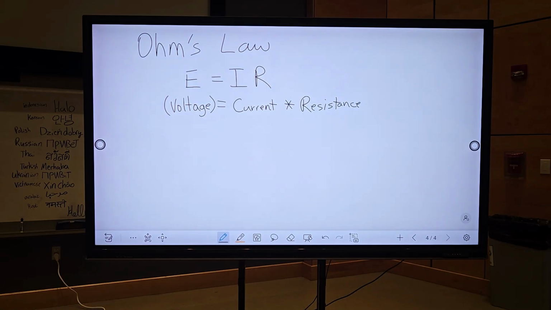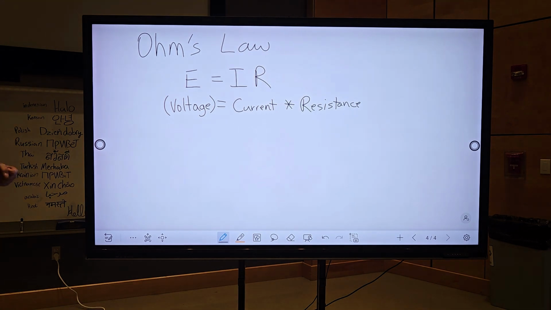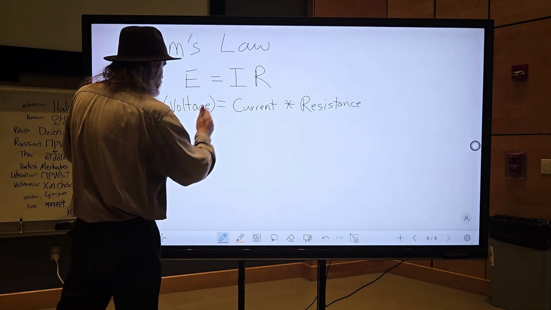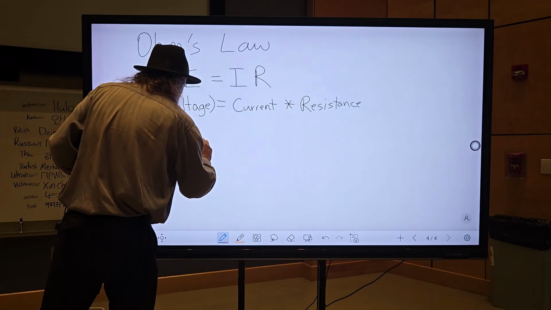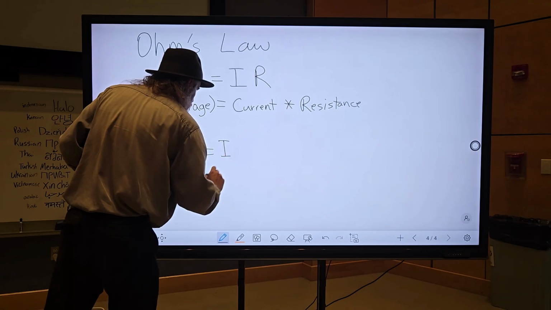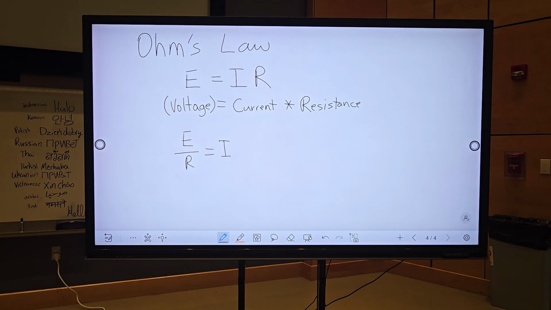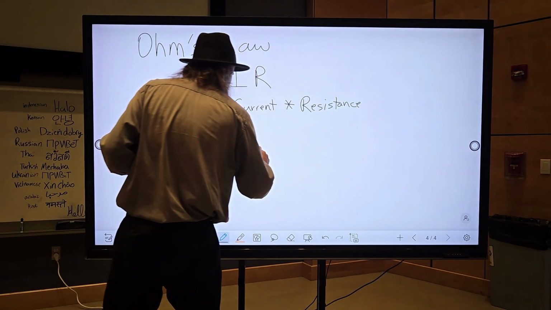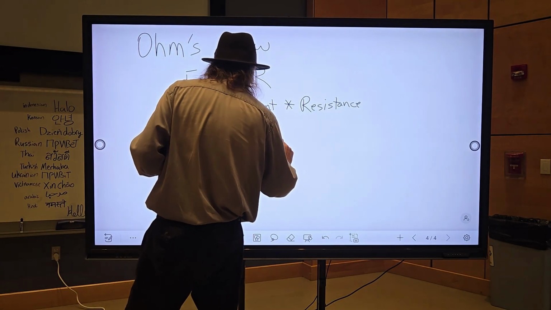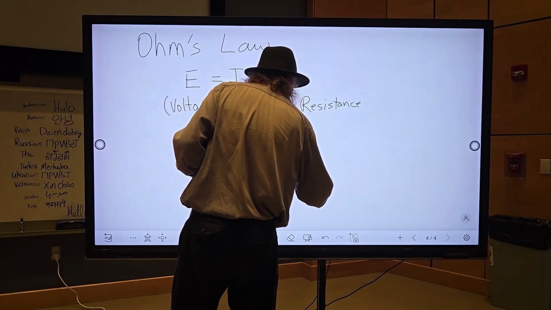You can determine what kind of current is being used by algebraically manipulating it to be E over R equals I. If you want to determine how much resistance you need to induce a certain level of current, you can do E over I equals R.